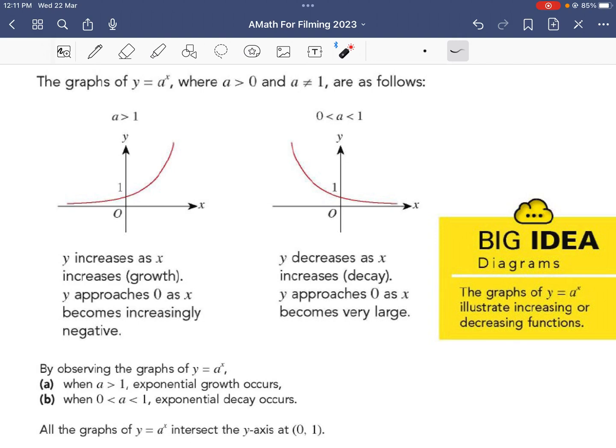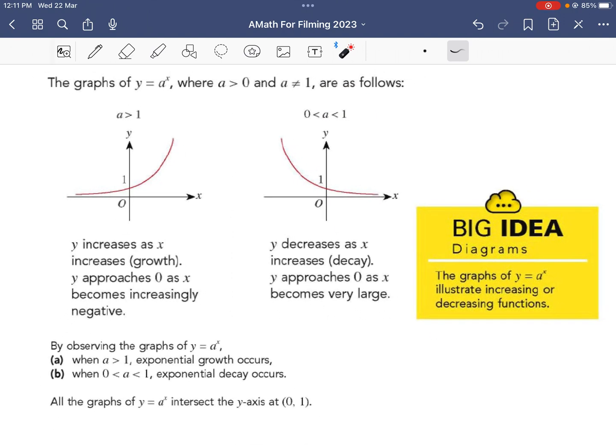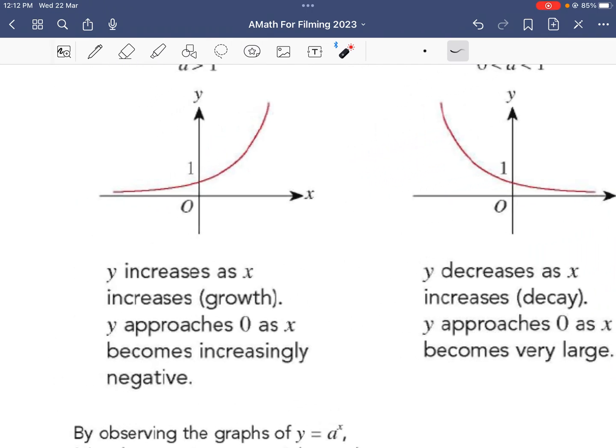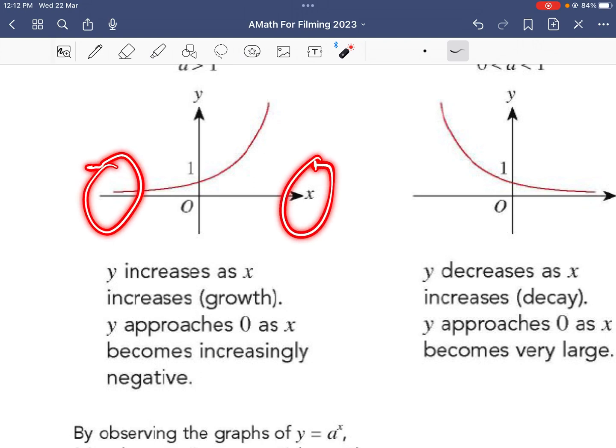Now, similarly, when the value of a is greater than 0 but less than 1, what you get is exponential decay, which means that the graph will be decreasing. The vertical intercept of the graph is again at 0, 1. One thing to note is that as your x value approaches negative infinity, it will tend towards, but never touch, the x-axis itself.